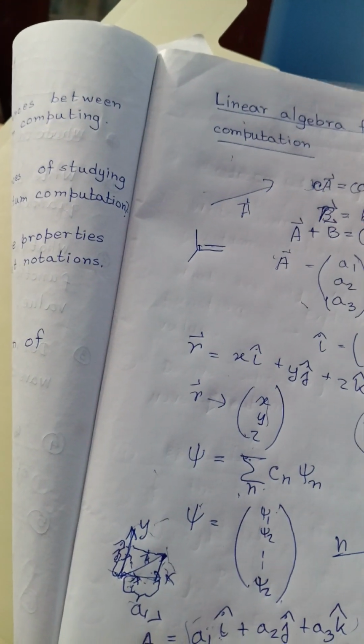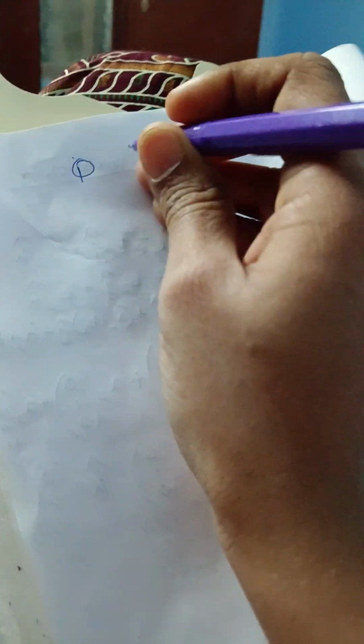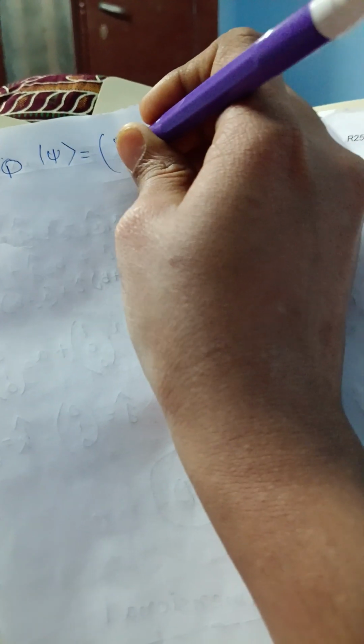So what do we have for the properties of Bra and Ket vectors in short? Basically we have 6 properties. First, you have to tell in Bra and Ket notation what Ket psi is. Ket psi is nothing but a quantum state represented by a column matrix in linear algebra. This is the first point you should say.